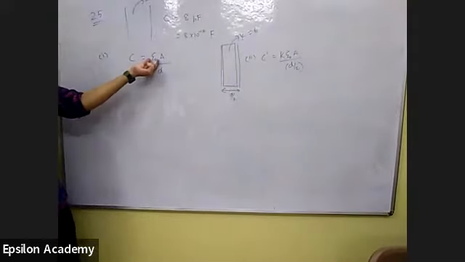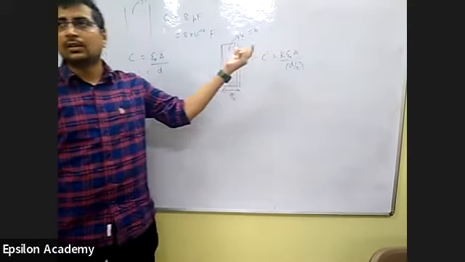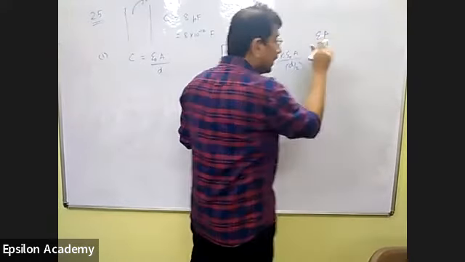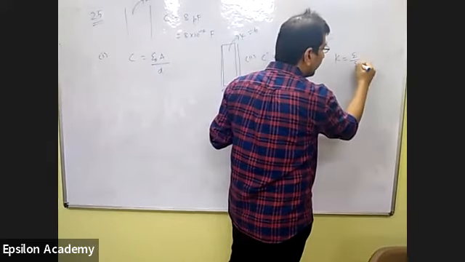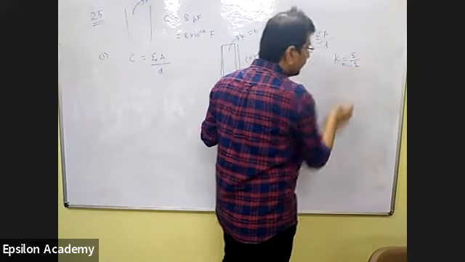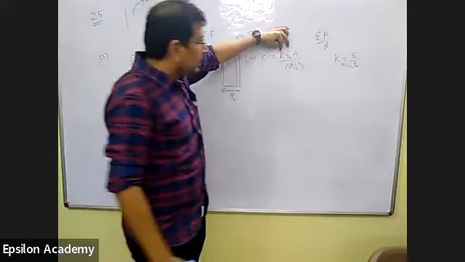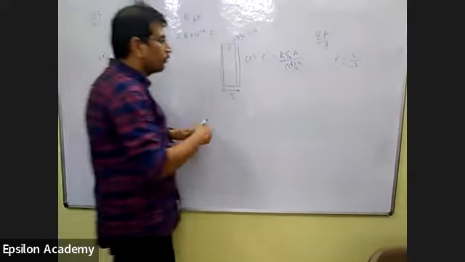Epsilon is replaced with K times epsilon naught. You understood why? K is epsilon divided by epsilon naught, so epsilon will be equal to K times epsilon naught.